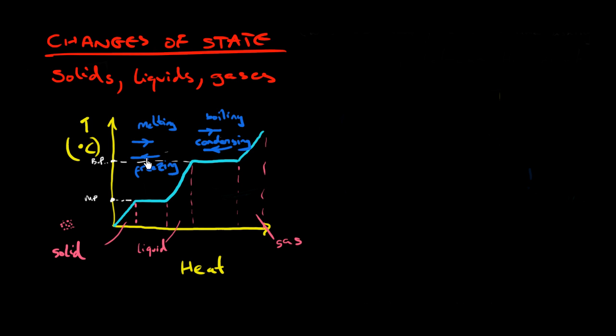But it's also possible that at temperatures lower than, for example, the boiling point, you can have a liquid at this temperature here, whatever that temperature is, and you could get some of the molecules in the liquid turning into a gas, and we call that evaporation. So even when the liquid is not at the boiling point, you can still have it.